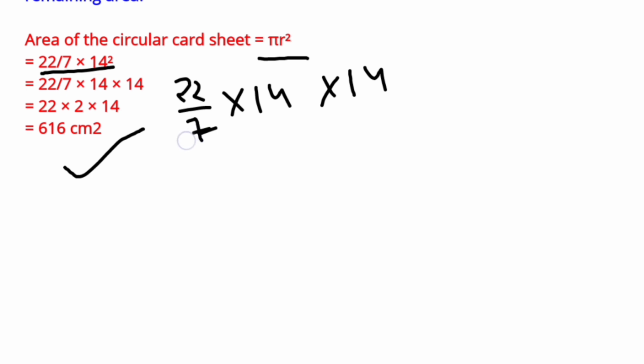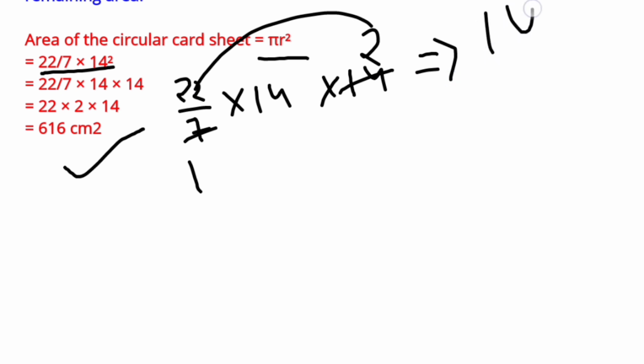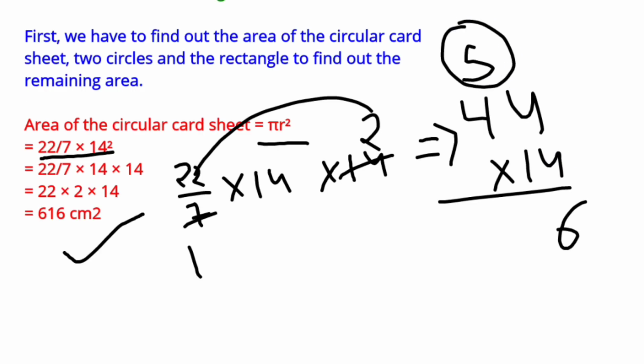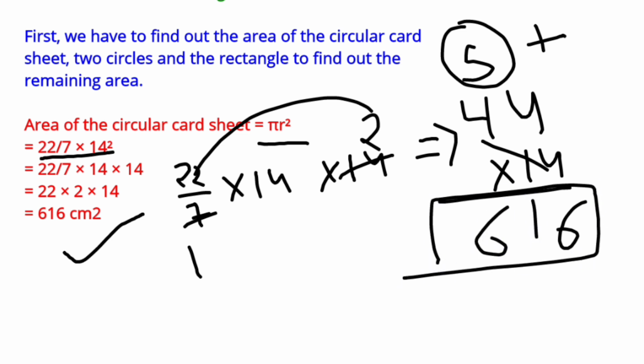So you can cancel this. 7 ones are 7, 2s are 14. Now 22 into 2, 44, into 14. 14 4s are 56, 5 carry. Again 14 4s are 56 plus 5, added 61. So 616 centimeter square is the area of circular sheet.